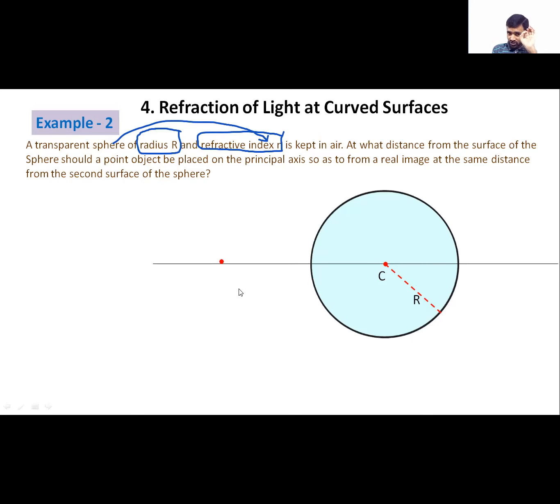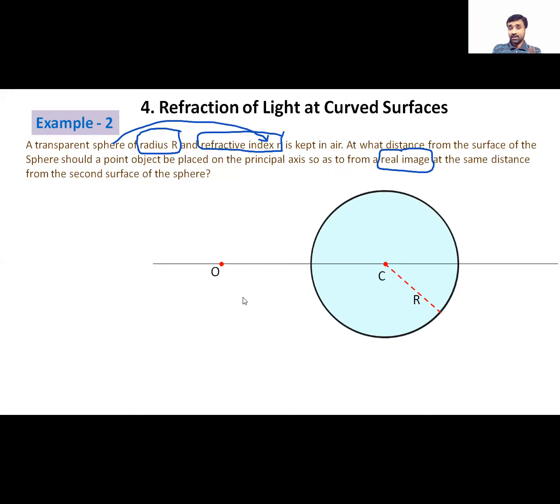Here I am going to select the point object at a certain distance on the principal axis, the point object O. Then to get the image, what type of image is it giving? A real image. Where do you get the real image, on the same side of the object or the other side? The other side, the opposite side, on the screen.